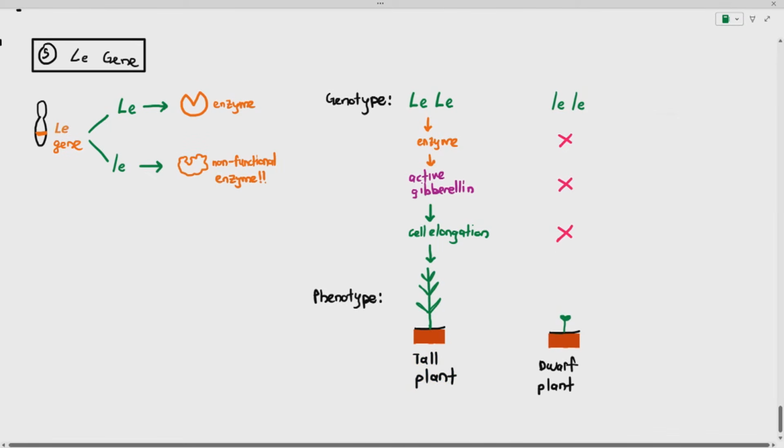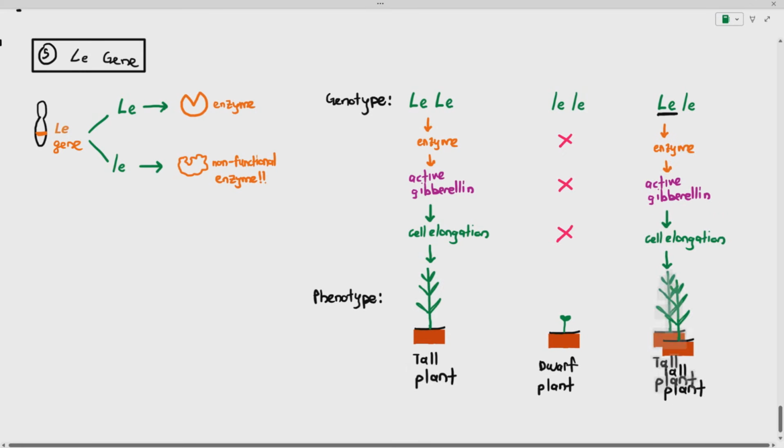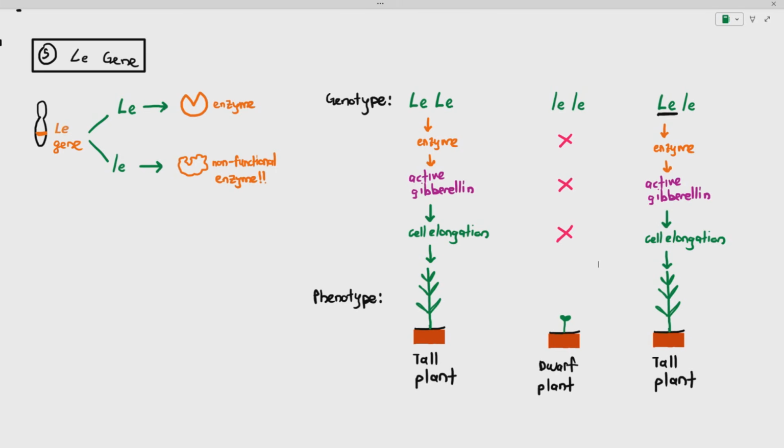But if the plant is large LE, small le, it has one dominant allele, large LE, and as long as it has the one dominant allele, the normal enzyme can be coded for, active gibberellin is produced, cell elongation occurs, and the plant will be tall. So this is how the genes affect the phenotype of the organism.